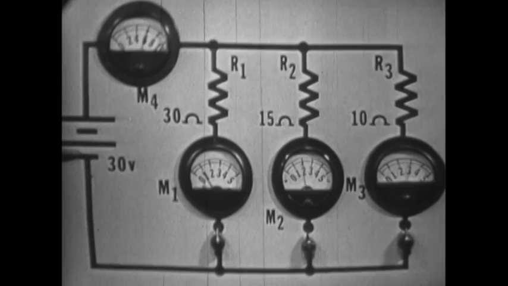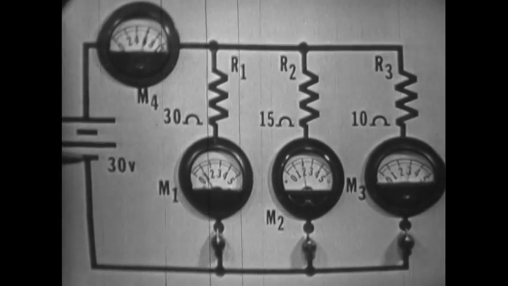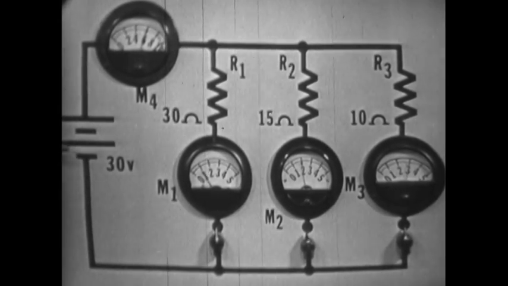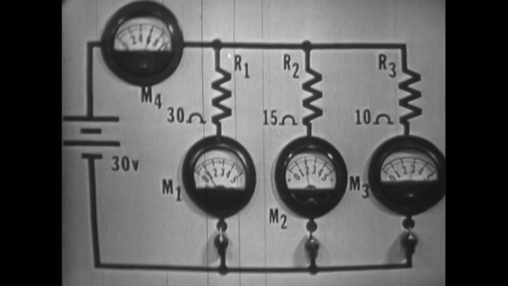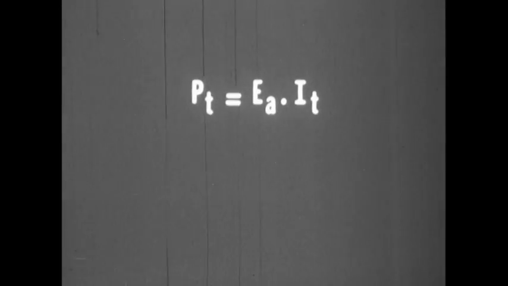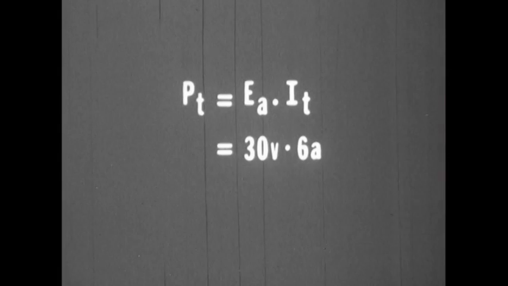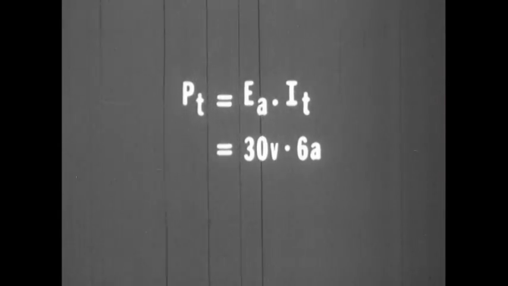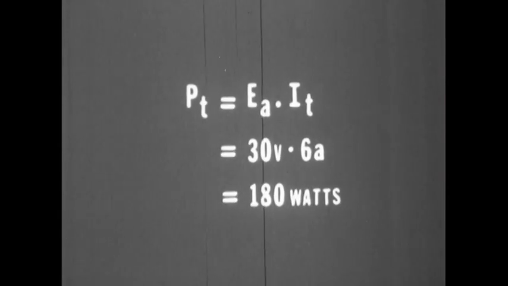The applied voltage is 30 volts. Substituting these values into the formula, we have 30 volts times 6 amps, or again 180 watts of total dissipated power.